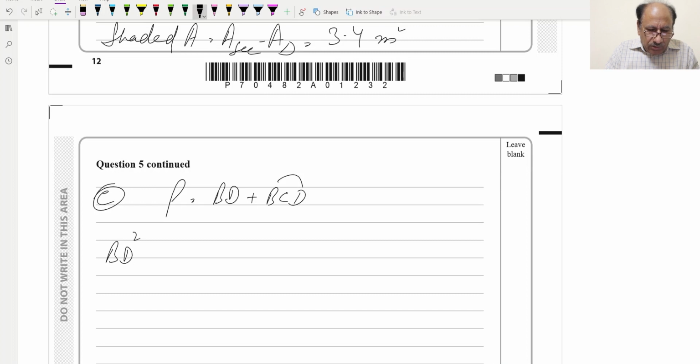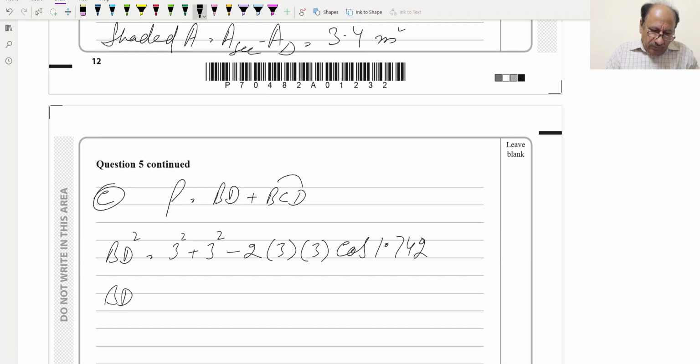BD squared will be equal to one side squared plus other side squared, minus 2 into one side into the other side into cos of the angle, which is 1.742. This is the formula which we have applied.